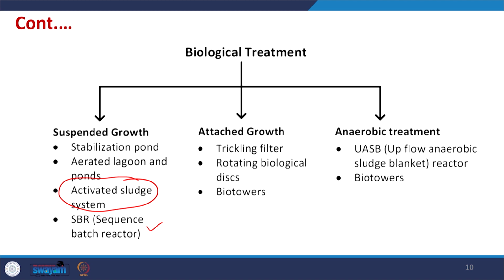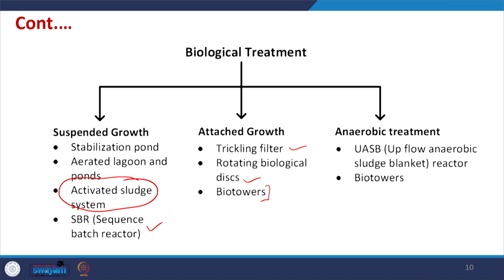Then attached growth systems like trickling filter, rotating biological discs or biotowers may also be used. Now, these attached growth systems like biotowers may be aerobic or anaerobic both, depending upon the configuration.